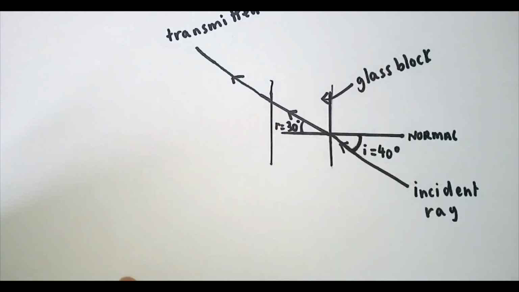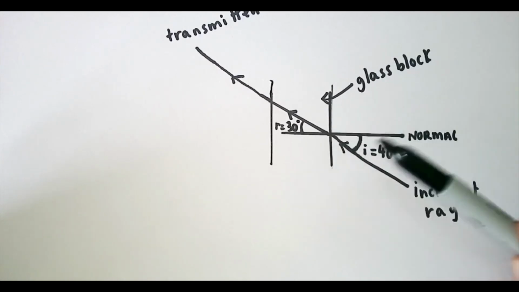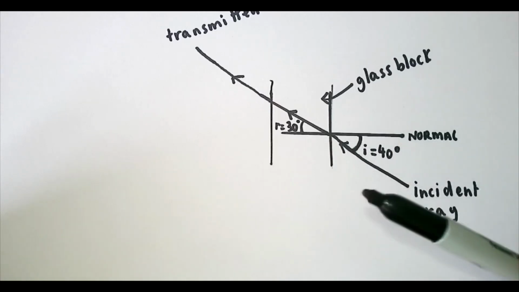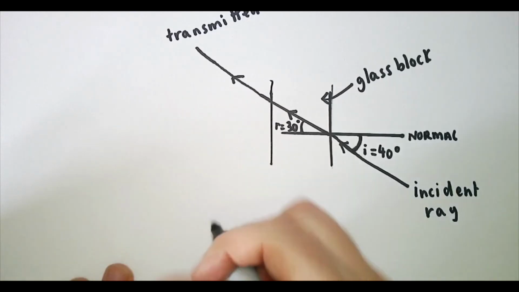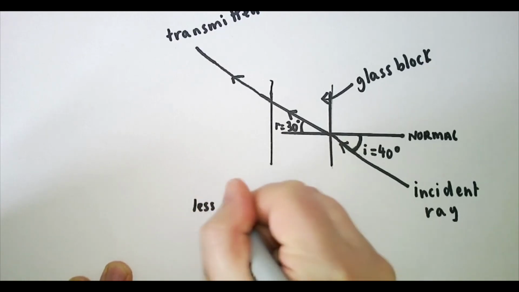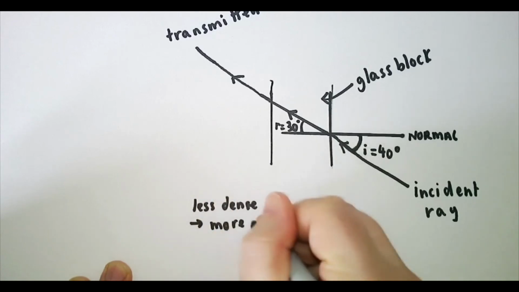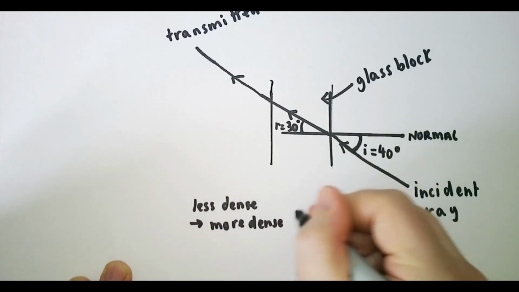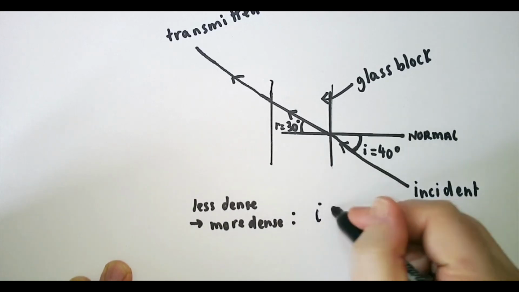So you can see there that once our light ray passes through the glass block, which is more dense, we end up with an angle of refraction that is smaller than our angle of incidence. So going from a less dense to more dense, the angle of incidence is greater than the angle of refraction.